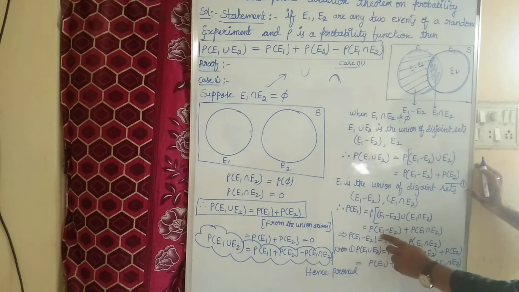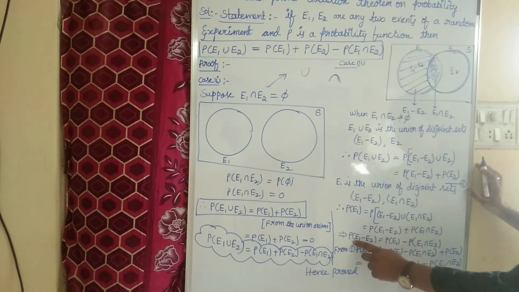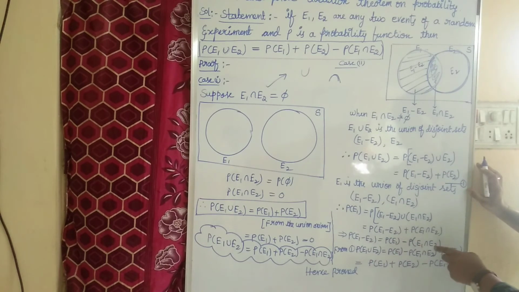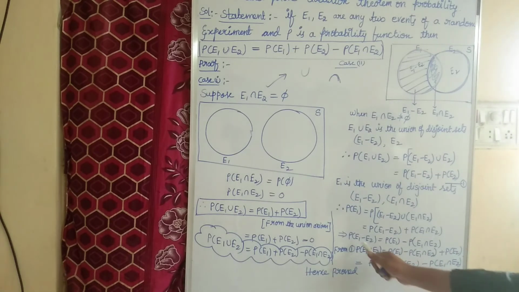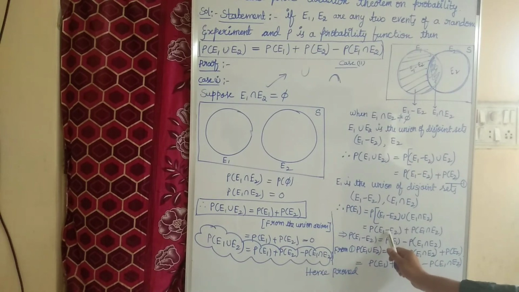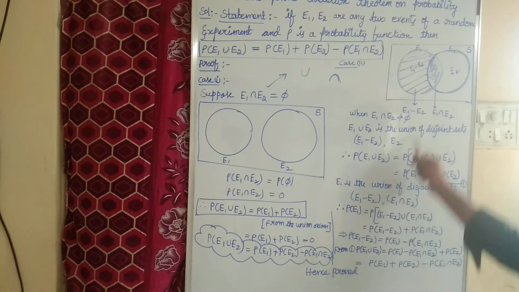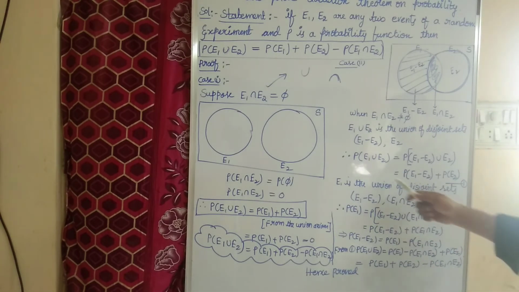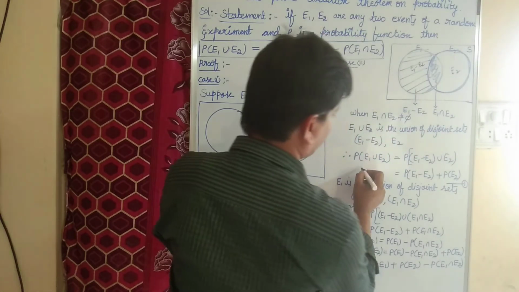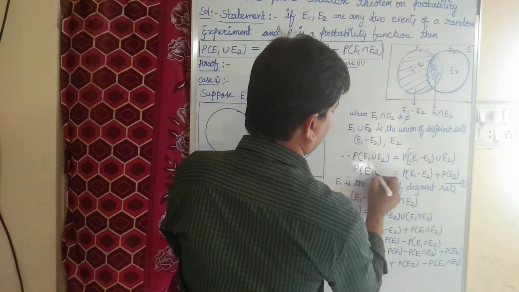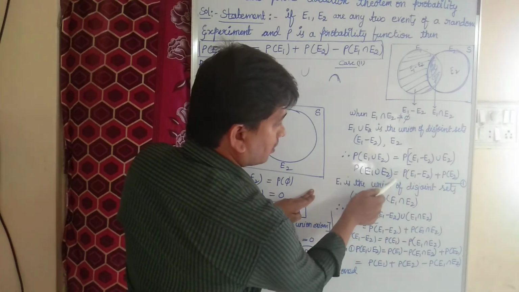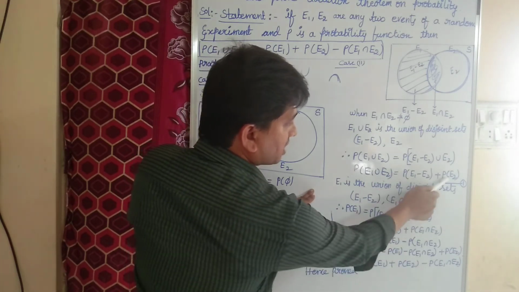So P of E1 minus E2, see here, P of E1 minus E2 means what? P of E1 minus E2 means P of E1 minus P of E1 intersection E2. So what is equation number 1? We got equation number 1: P of E1 union E2 equal to P of E1 minus E2 plus P of E2.